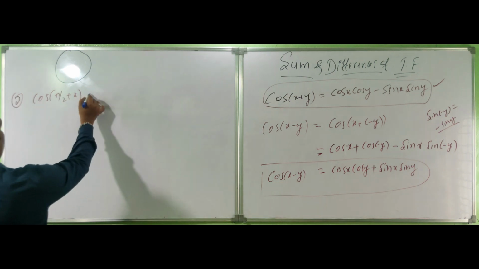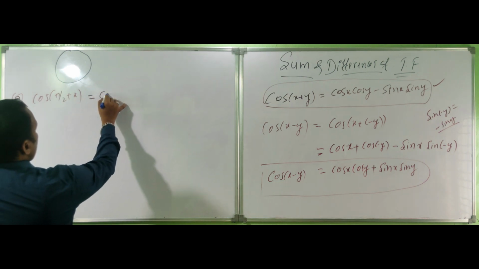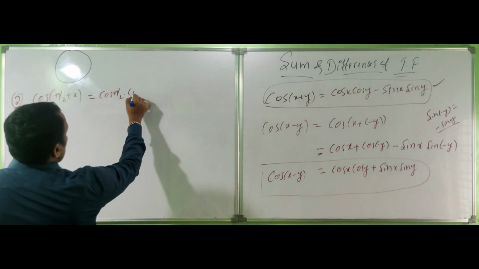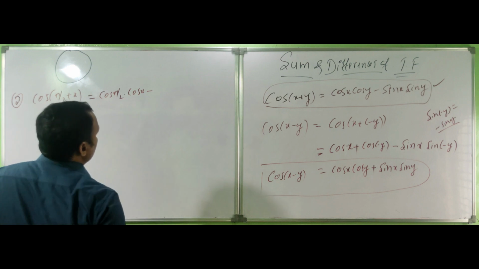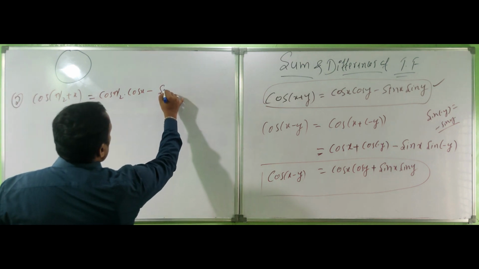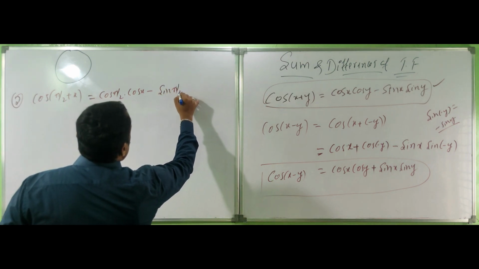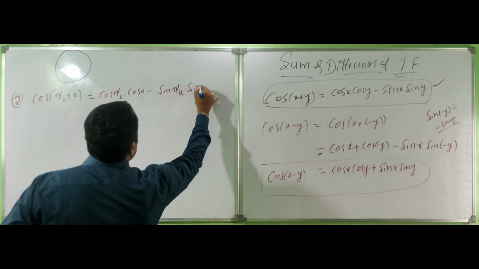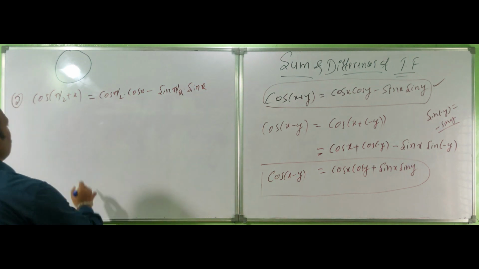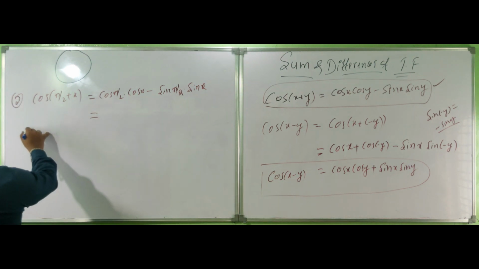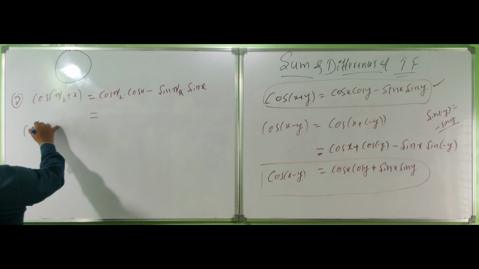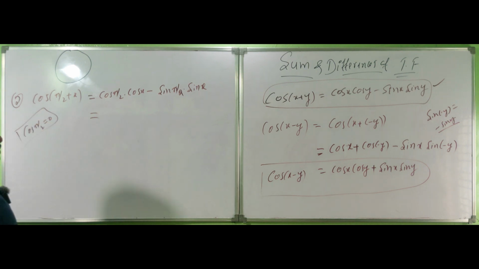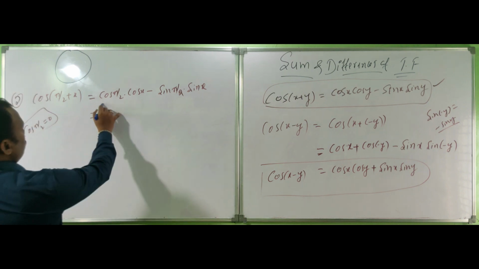Cos of (A plus x) gives cos of pi by 2 cos of x minus sin of pi by 2 into sin of x. Cos of pi by 2 gives 0, our trigonometric value, so that term gives 0.